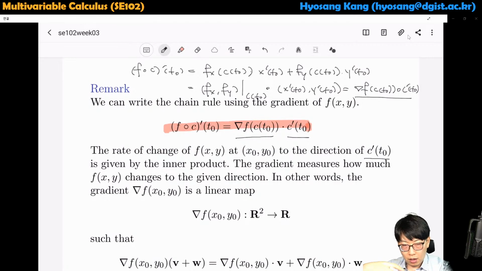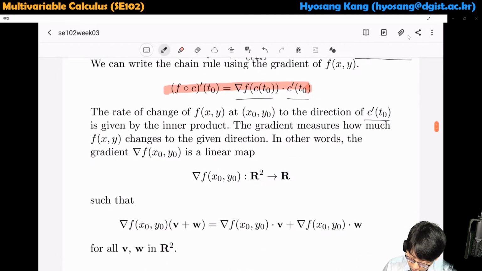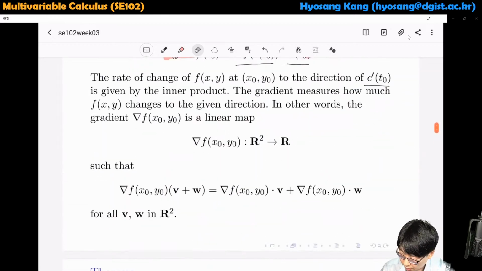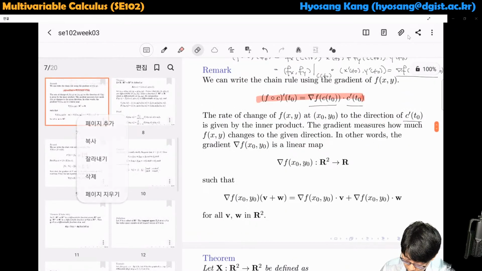So when we talk about the directional derivative of a function at some point x0, y0, let me use another page here.